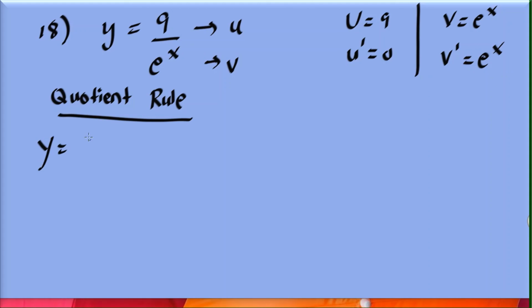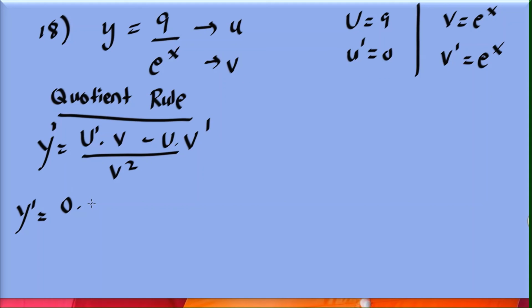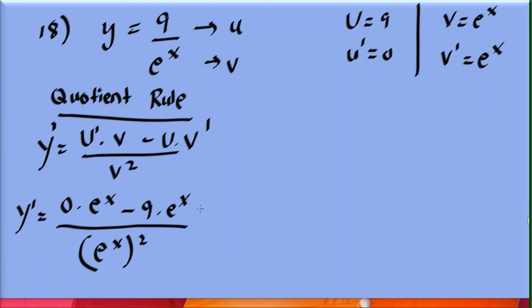Okay, so if we use the quotient rule, y prime is u prime v minus u v prime over v squared. So this is your y prime or derivative of y. Our y prime is u prime, which is 0, times v, which is e to the x, minus u, 9, times v prime, which is e to the x, over e to the x squared.